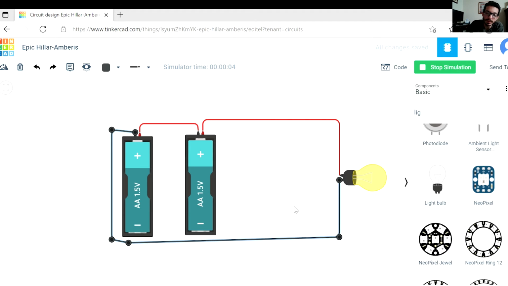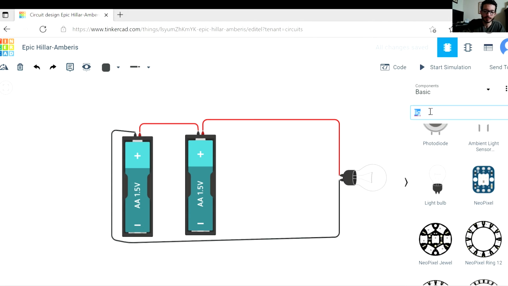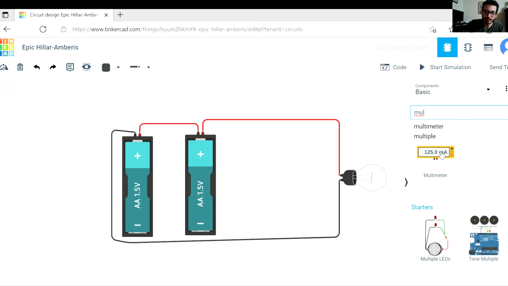Now, if we want to measure the voltage, we simply have to bring a multimeter. And what we can do is have a multimeter placed here.